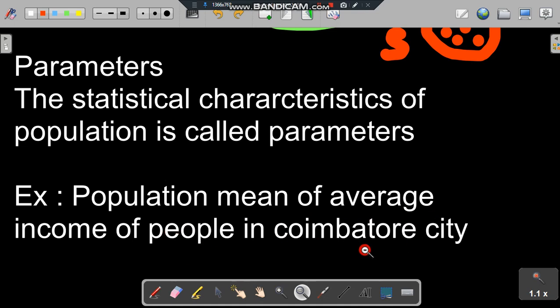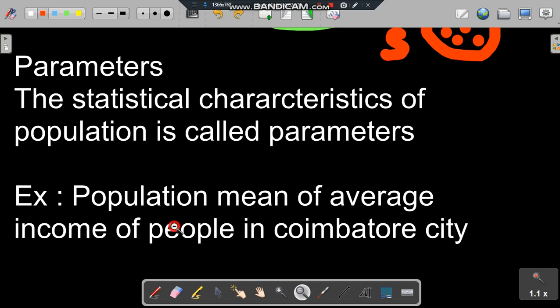I am taking Coimbatore city and asking each and every person their income per month, and I am finding the average, or mean, of that. So this characteristic, the average or mean, is connected to this population of Coimbatore. Coimbatore is the population, am I correct? So that is a good example for parameters.